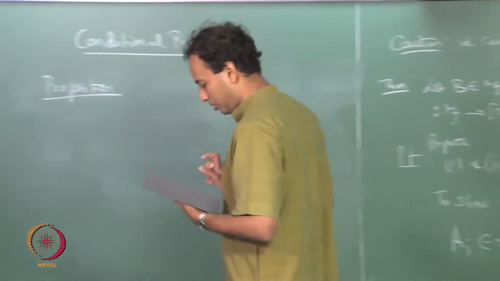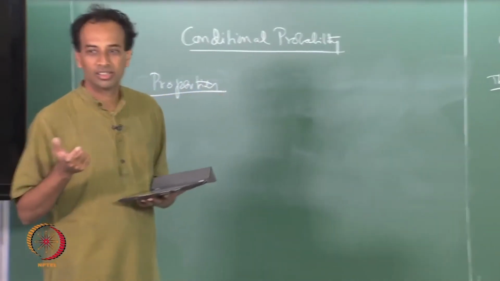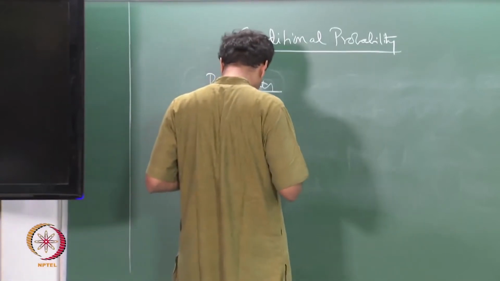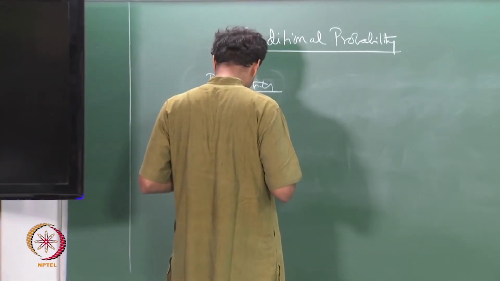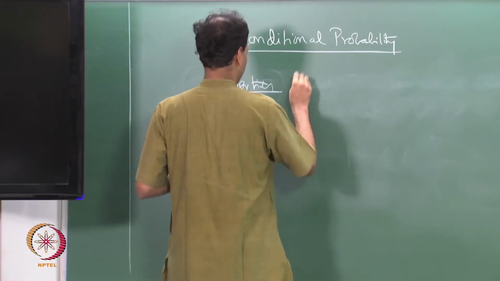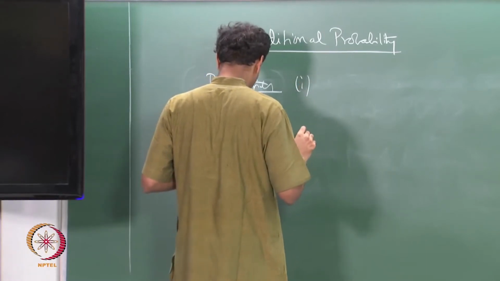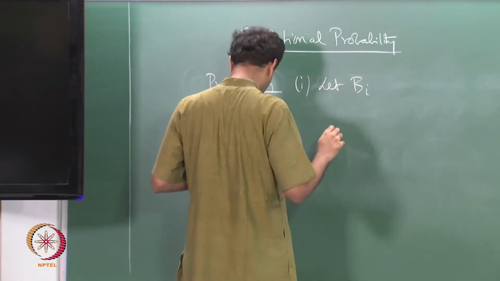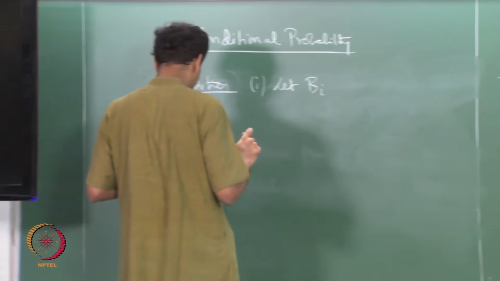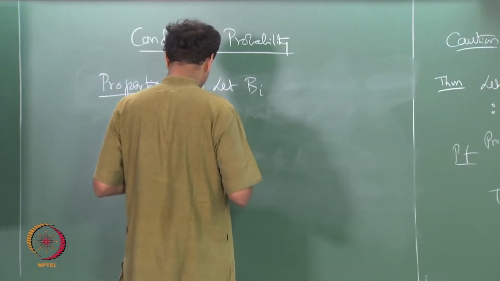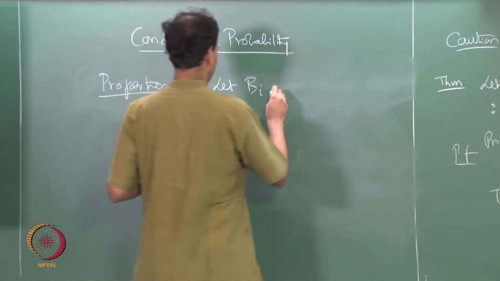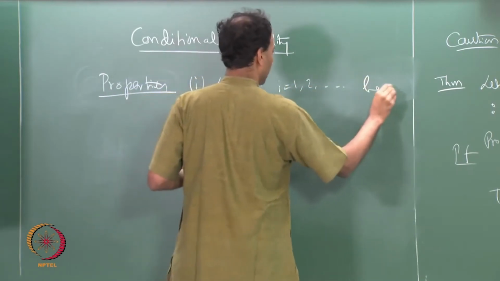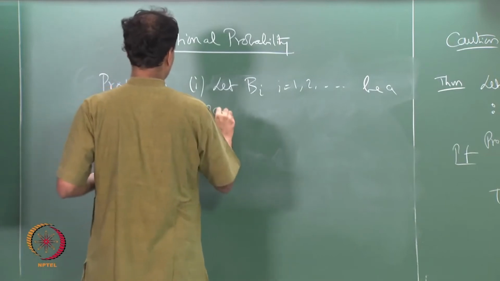So, we will put down a few which are more specific. I have 3 actually. One, let B_i, i equals 1, 2, dot dot dot, be a partition of omega.